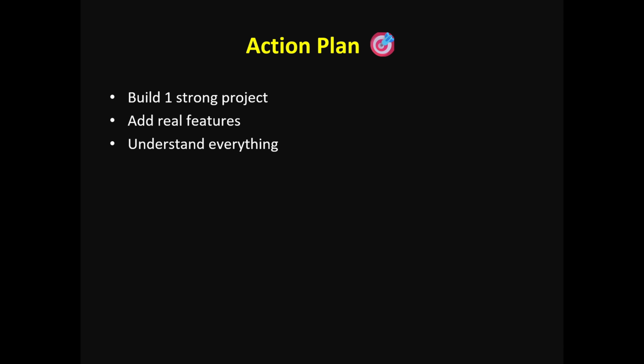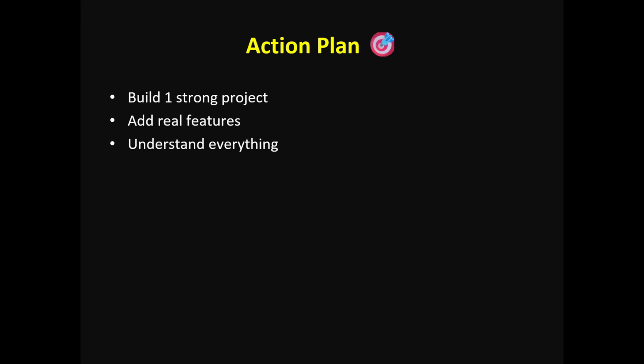Now the action plan I wanted to share, here's what you should do starting from today, okay. This is very important. Pick one project, build it from scratch, okay, add real world features and understand everything, okay. Don't build 10 small projects, build one strong project.